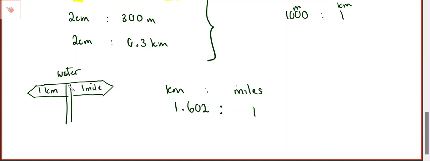Which way would you go, left or right? Which way would you go? Why? Because 1 mile is longer than 1 kilometre, because 1 mile is actually 1.6 kilometres. Yeah?